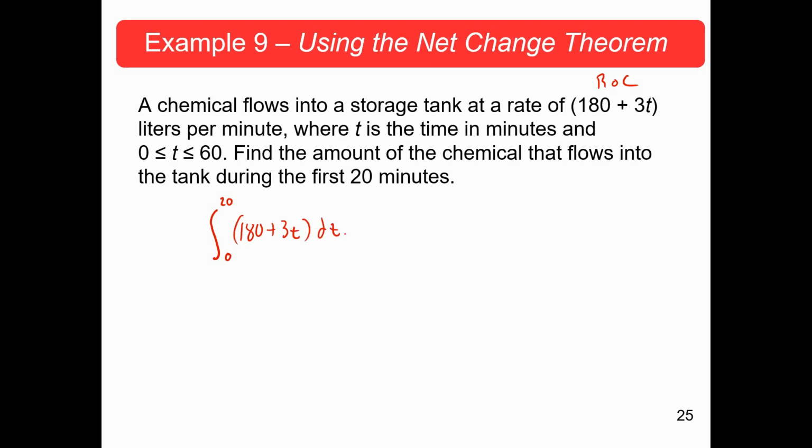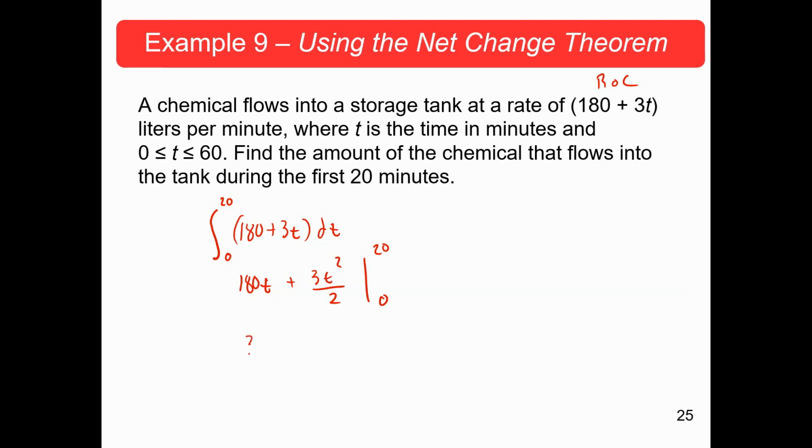dt. Okay? So, we are talking about liters per minute, so our answer should be in liters. And we will just go ahead and integrate that. So, 180 becomes 180t plus 3t squared divided by 2, evaluated from 0 to 20. So, we're going to plug in the 20. So we get 180 times 20. I'll use my calculator to make sure I don't make a mistake.